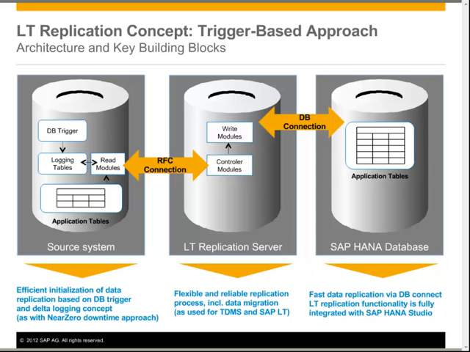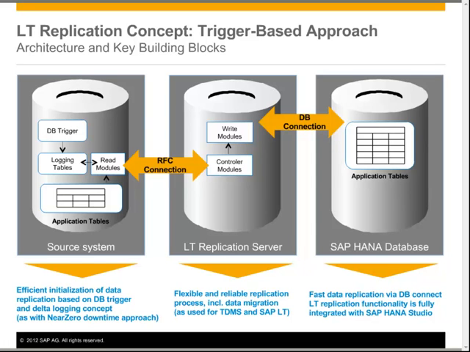So we would have read modules in the source system that would access logging tables. These logging tables would be written to by database triggers in the source system. The LT creates triggers in the source system that write to logging tables.